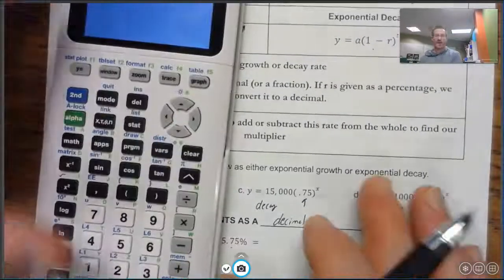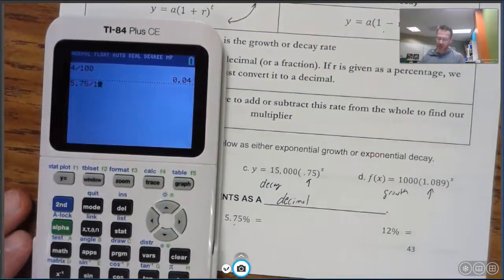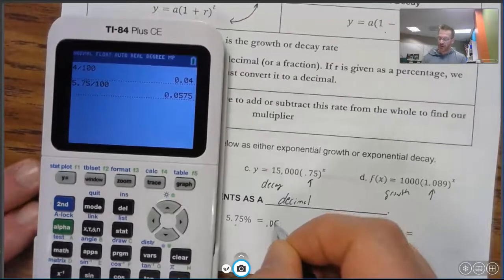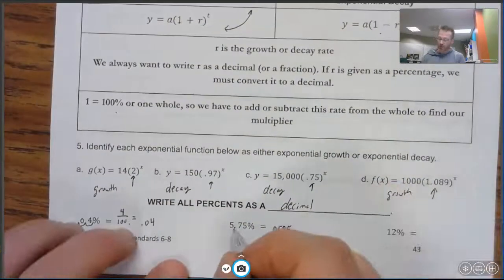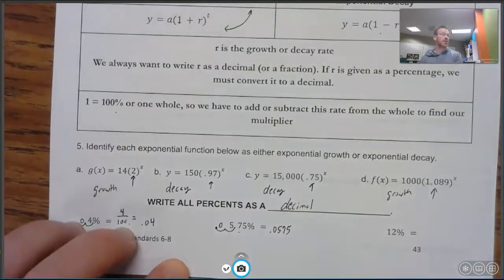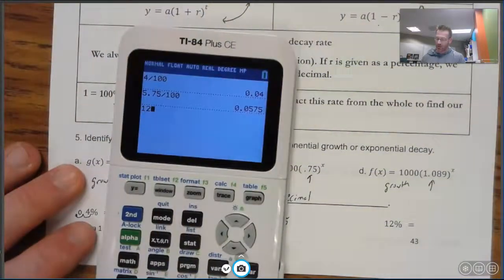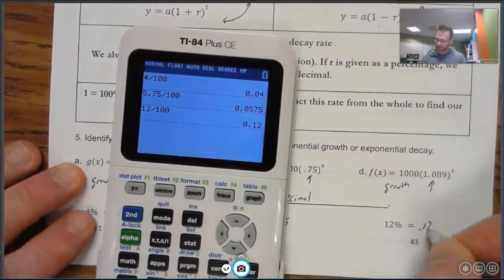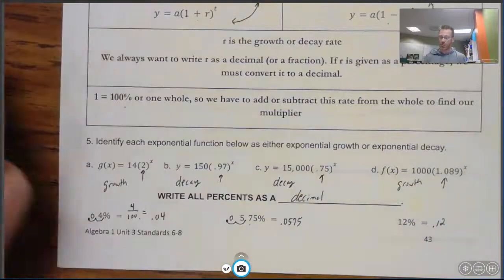So if I did 5.75%, 5.75 divided by 100 tells me my decimal would be 0.0575. Once again, you can see that if you move the decimal place 1, 2, you'd have 0.0575. And then 12%: I could do 12 divided by 100, and that'd be 0.12. So remember, we just need to convert that percentage to a decimal, and that's what we're going to add or subtract onto 1 to find our new b-value.